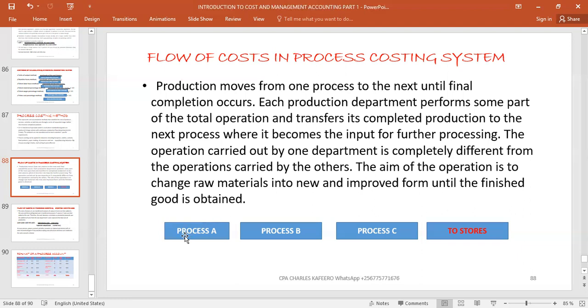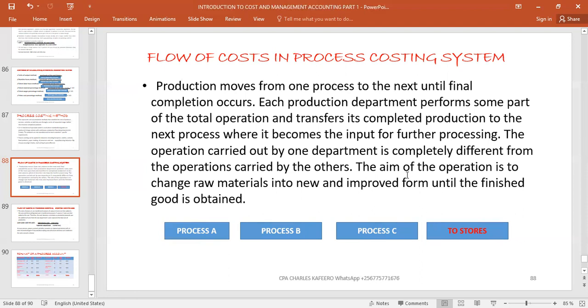The output of process A becomes the input of process B, and the output of process B becomes the input of process C until we get the finished goods. Hope you can get that.